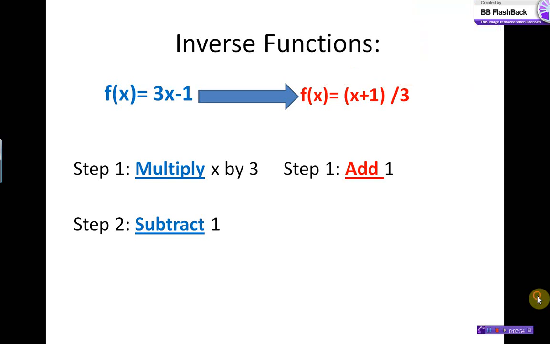And the second thing we do is we divide by 3. So we have inverse operations in our inverse functions, and notice that they're in reverse order. In the equation on the left, we multiply first and we subtract second. In the equation on the right, we add first and divide second.